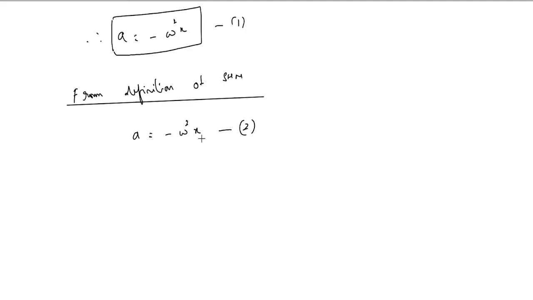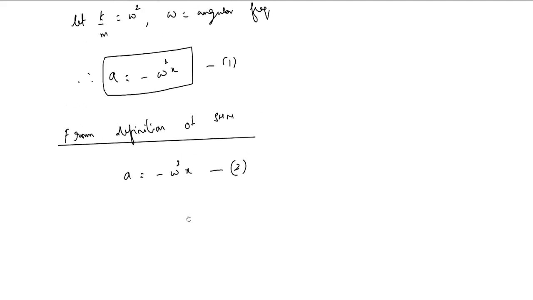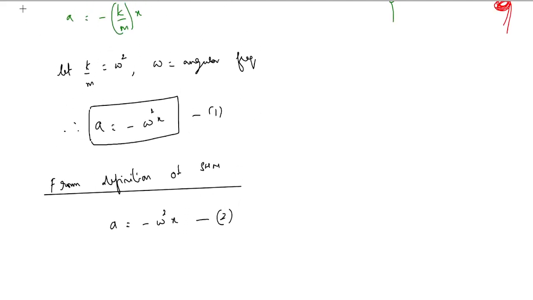Just keep in mind that here it is minus omega square into some displacement. We'll call it 2. Now comparing 1 and 2, we can say that 1 is of the form of a simple harmonic motion. It's very obvious from there also, but we just want to compare. So even 1 is an equation for a simple harmonic motion.